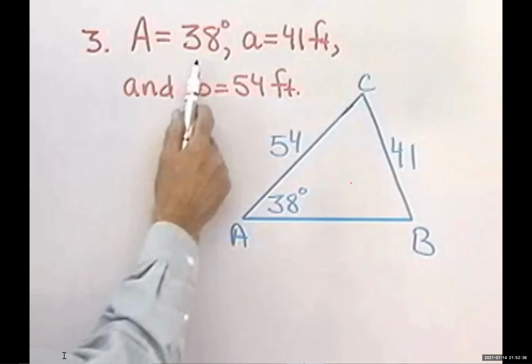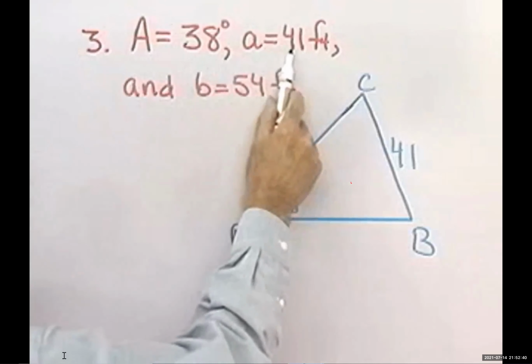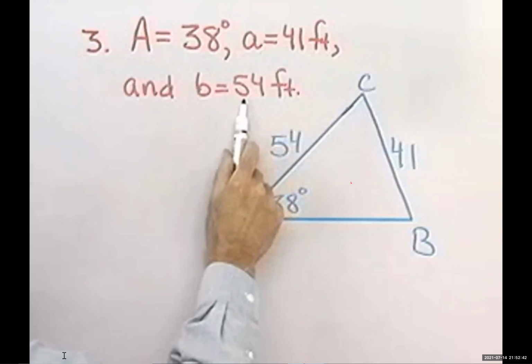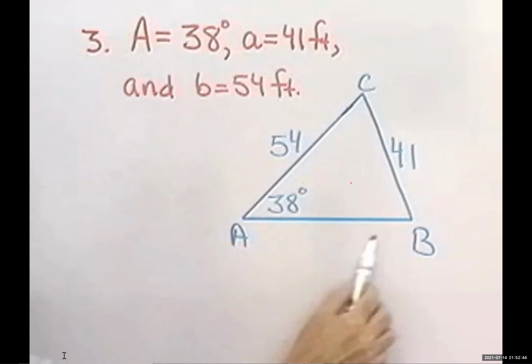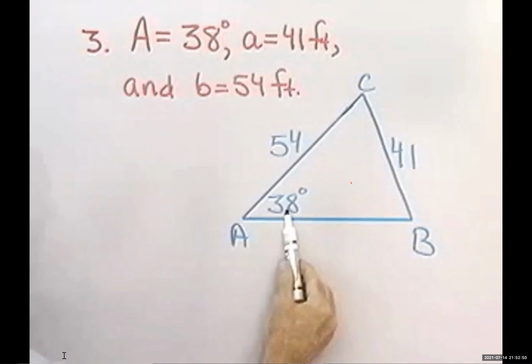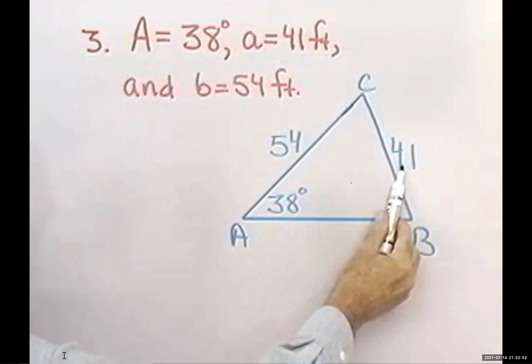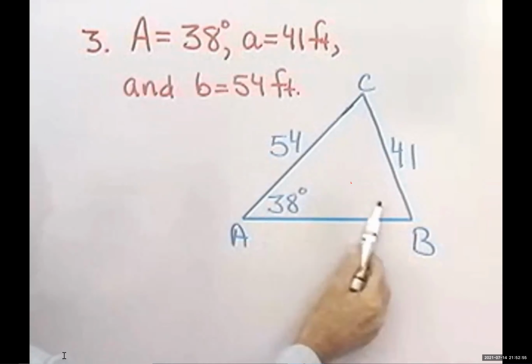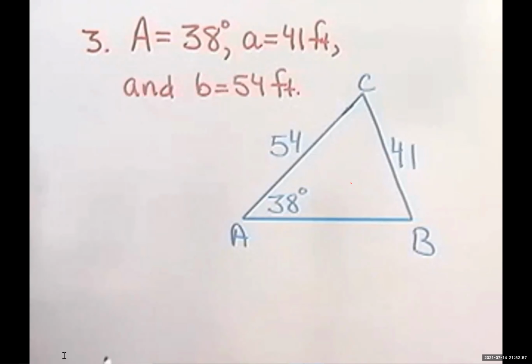In this triangle, angle A is 38 degrees, side A is 41 feet, and side B is 54 feet. I've drawn the triangle over here for reference already to save a little bit of time. You can see that I have angle A, the side opposite angle A, and I have side B, so I can solve for angle B to start with.